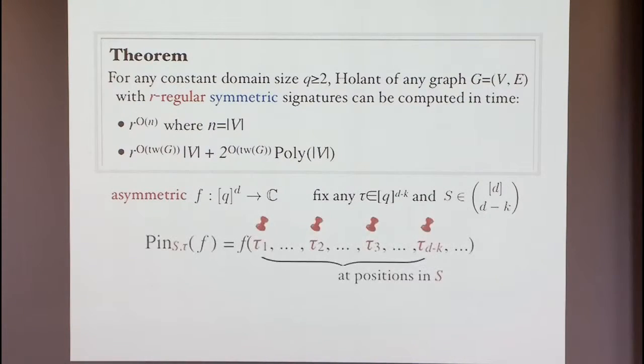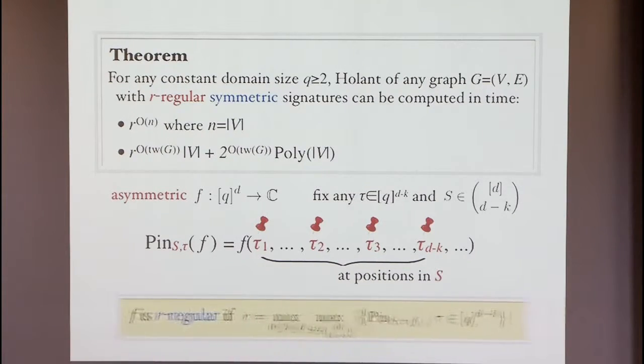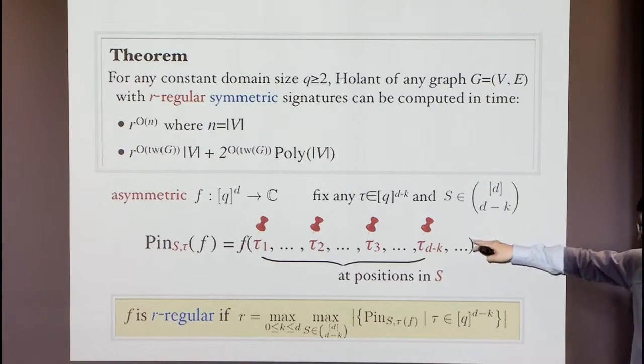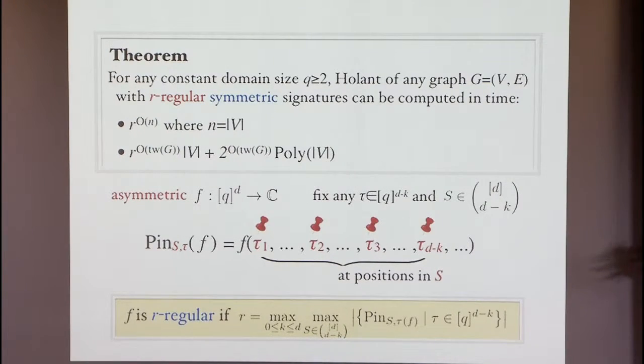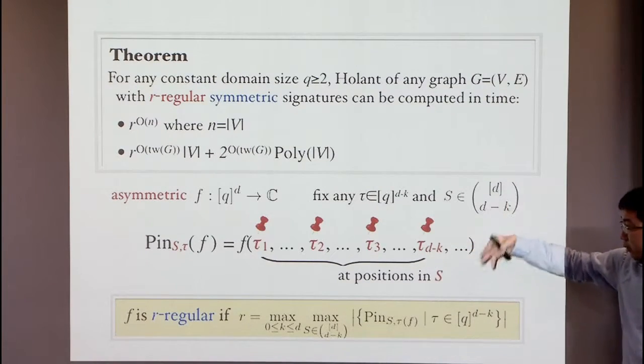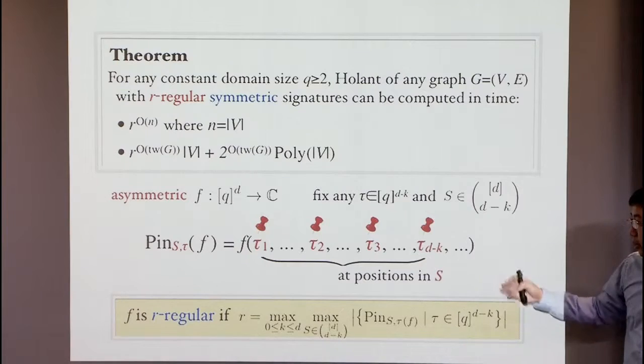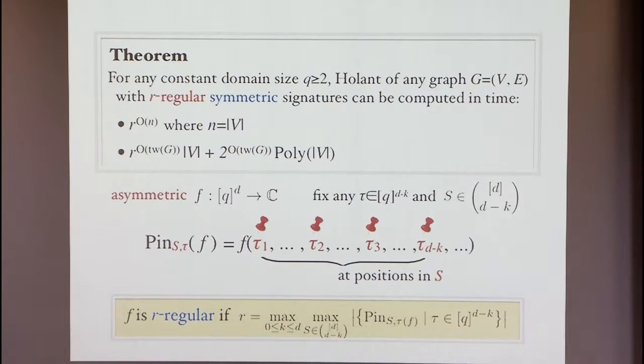For asymmetric signatures, we can still pin the function, right? But pinning must specify the locations, the positions of pinning. And we can similarly define the notion of r regularity. So an asymmetric function is r regular if, once we fix the positions of pinning, no matter how we pin those variables, the number of functions it produces is bounded by r.